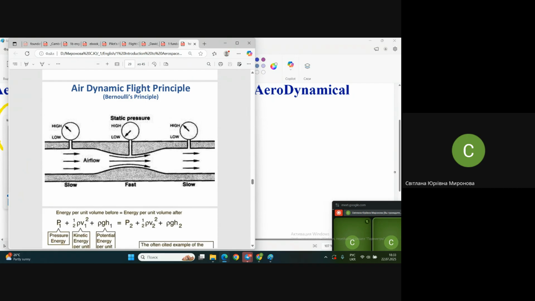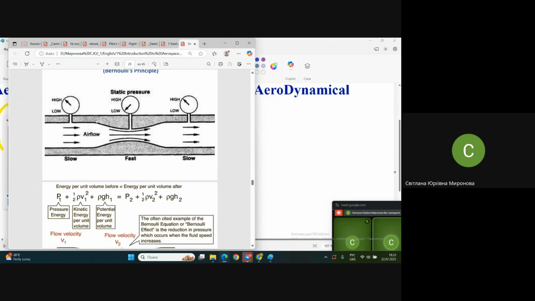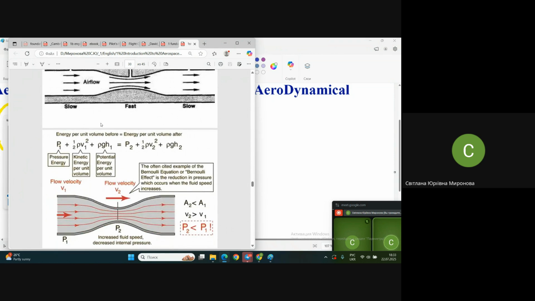Where speed is less, pressure is higher. And when Daniel Bernoulli, from the whole glorious family of Bernoulli scientists, studied this effect, he wrote it as a law, as a principle, in mathematical form.